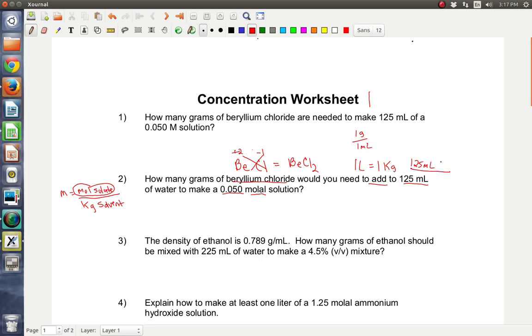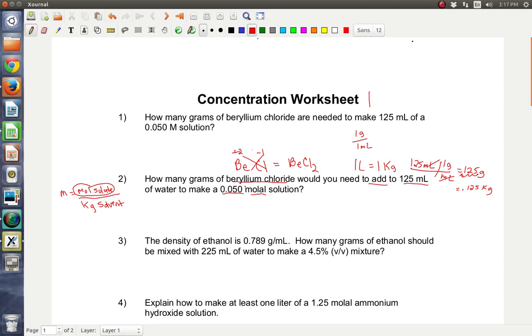So 1 gram per mil, and milliliters are going to cancel, so it's 125 grams of water. But I need to have it in kilograms, so 125 grams, you divide by 1,000 to get to kilograms. So 1, 2, 3, so that's 0.125 kilograms. So now I can put that over here.